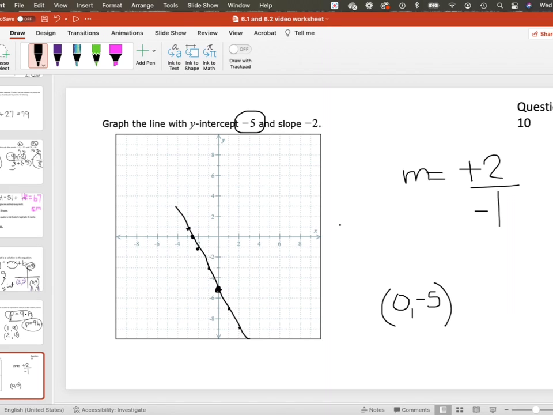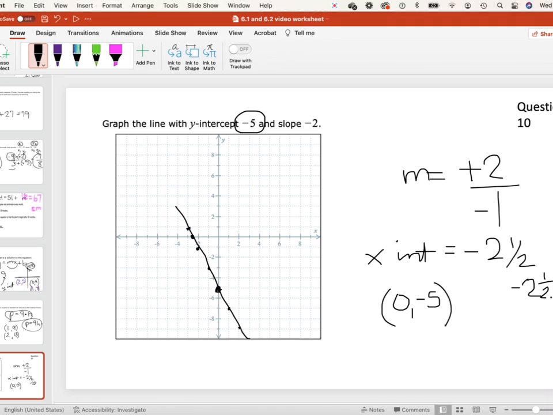The x-intercept is negative 2.5, or the point negative 2.5, comma 0.